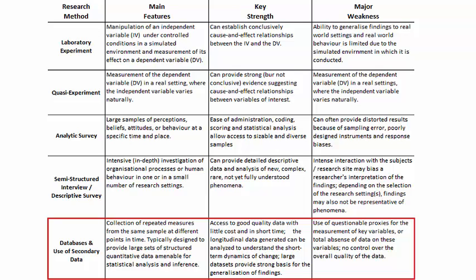The key strength of using secondary data is that you have access to good quality data with little cost and in short time. If we are talking about panel surveys, so longitudinal data, the advantage of using secondary data here is obvious.